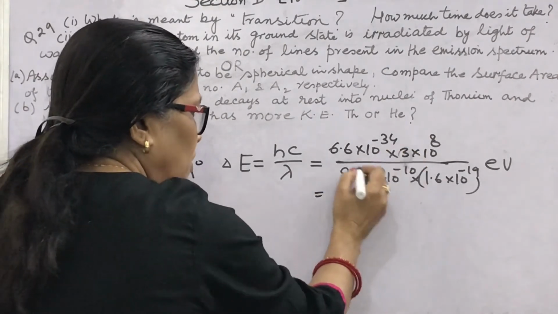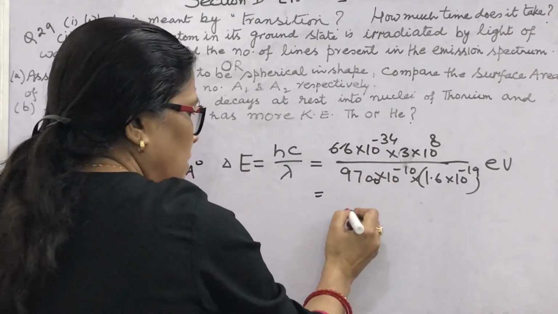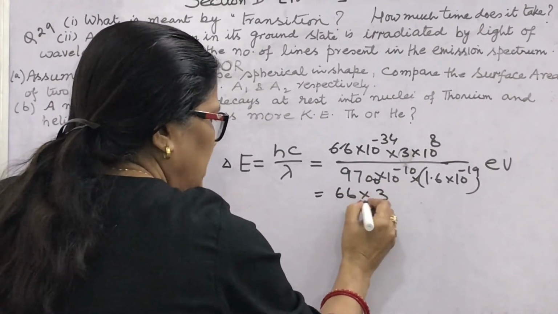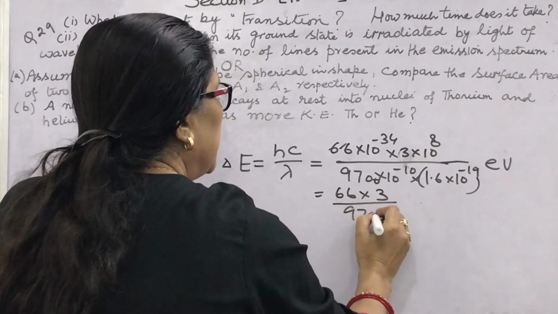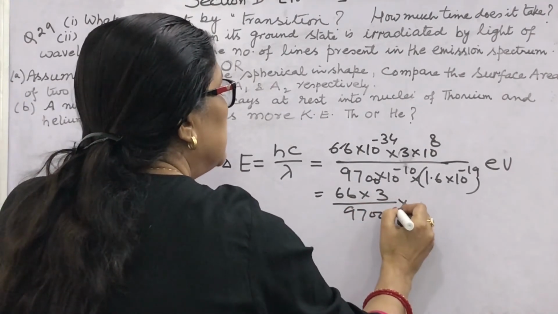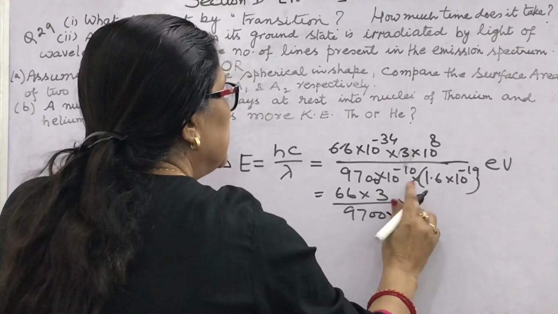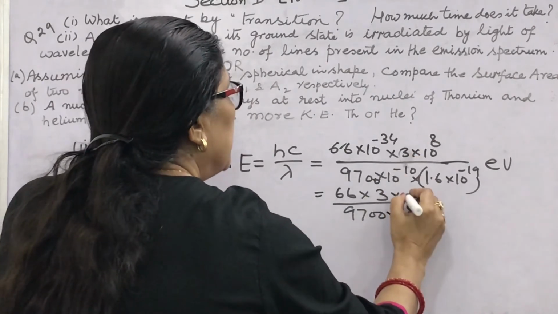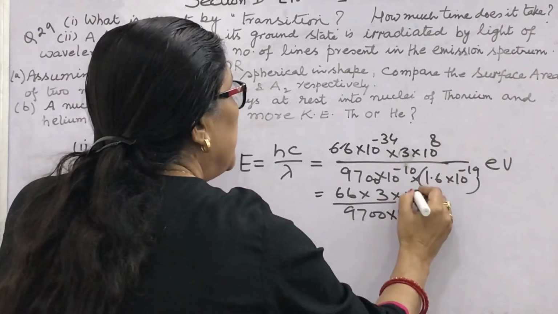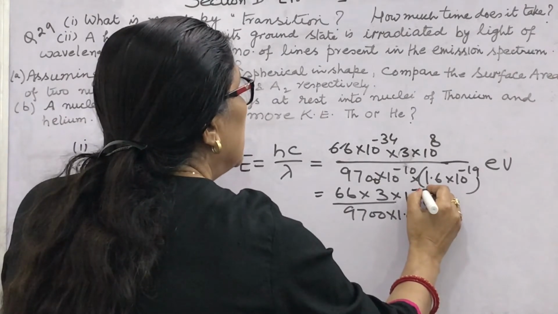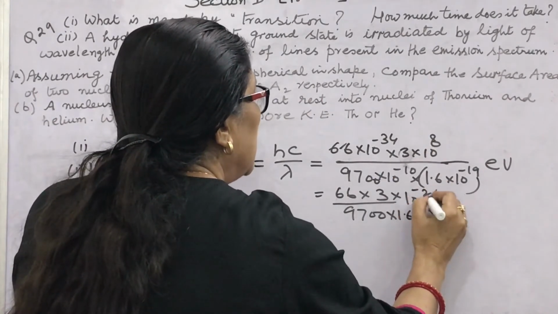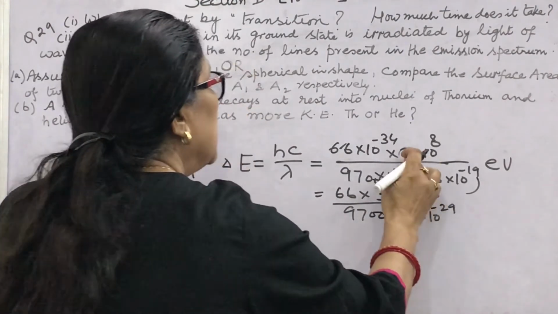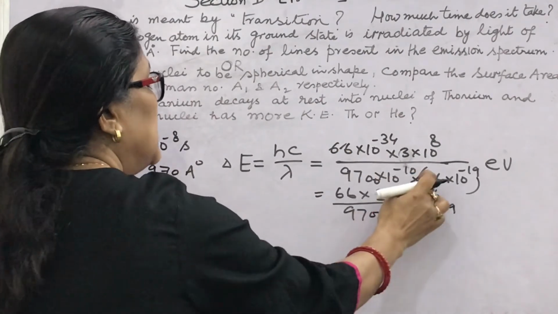After solving, you will get 6.6 into 3 upon 9700 into 1.6, with the powers of ten being 10 to the power minus 26 in the numerator and 10 to the power minus 29 in the denominator.